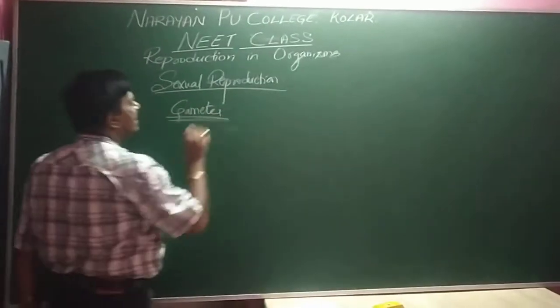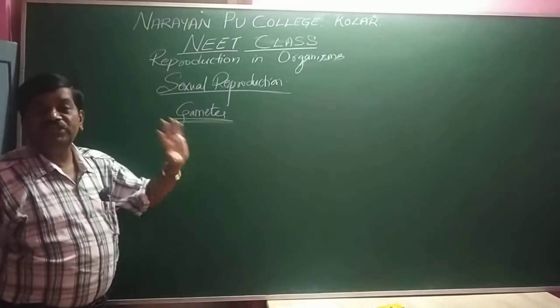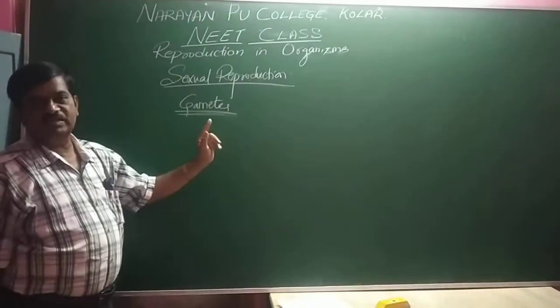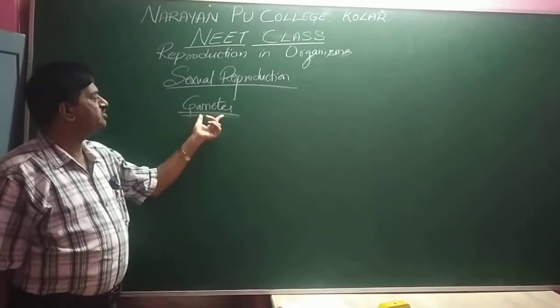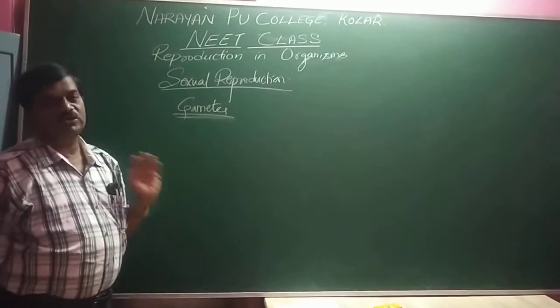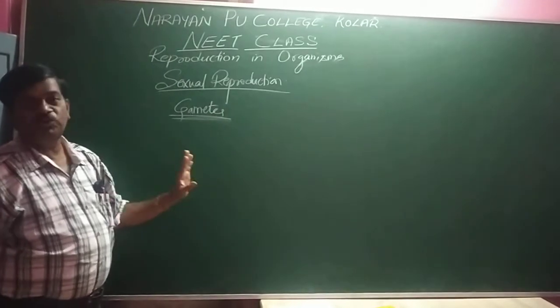Here the gametes are synthesized, hence it is called gametogenesis. Sexual reproduction has gametogenesis. One is a male gamete and the other is a female gamete. Both the gametes fuse to form a zygote. This zygote undergoes further development to give rise to an embryo and a new individual.